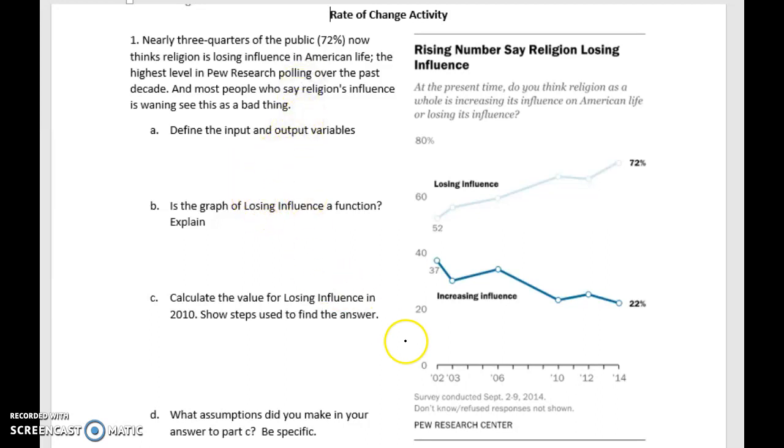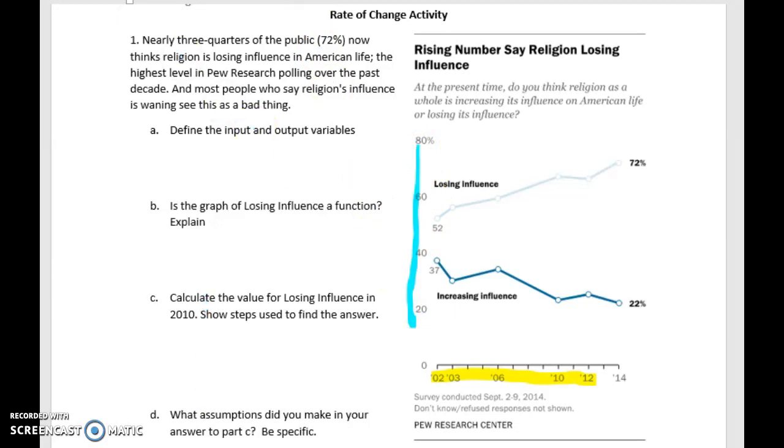If we examine the graph, we can read what's going on to determine that the input is the years and the output is the percentage.